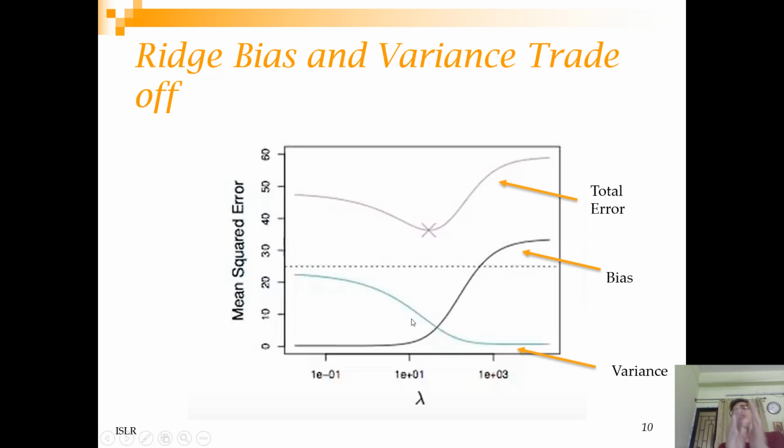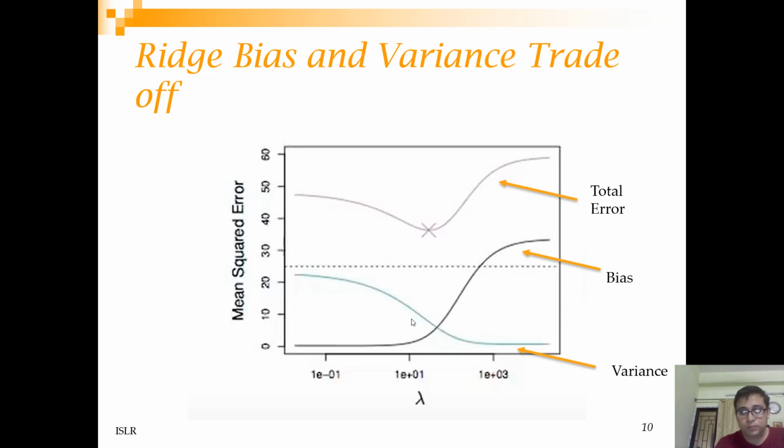So that is the philosophy of Ridge: you play around with lambda with minimal effect on bias but take down the variance by a lot. Why will variance come down? Because as you reduce the coefficients, they become less and less sensitive to the inherent variability between the samples in the input data.